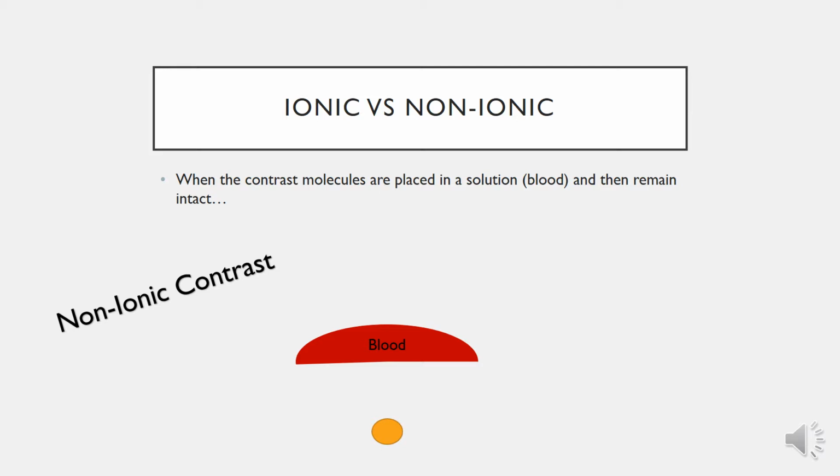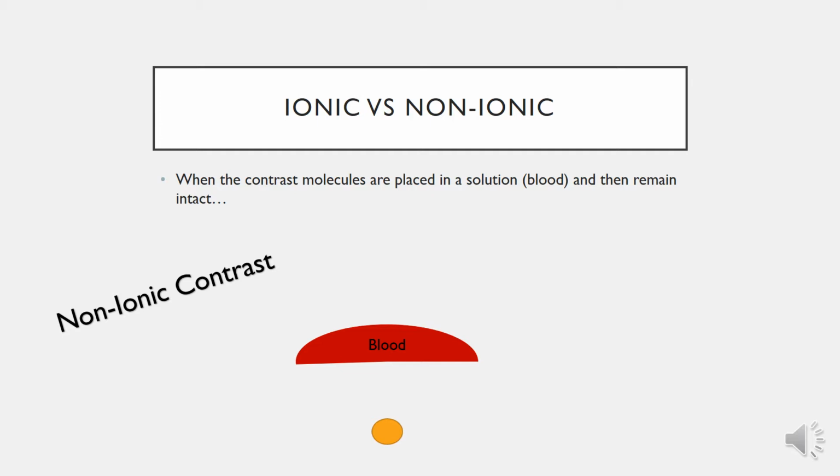Okay, so now we have our non-ionic contrast. It's still considered an iodinated contrast. It's just a category within our iodinated contrast. It's non-ionic, so non-ionic contrast will remain intact.